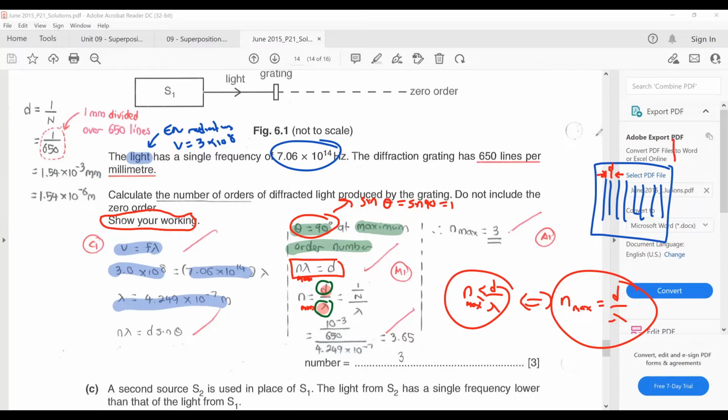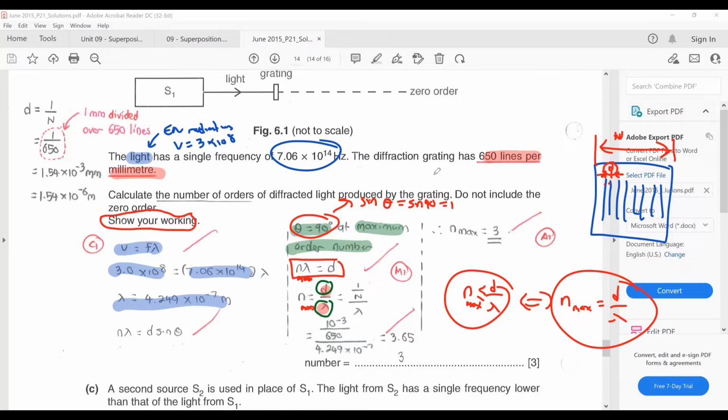Usually your diffraction grating will be given in terms of number of lines per unit length. So d is the distance between slits, and then there's another symbol called n. That one is your number of lines per unit length. That would be this one here.